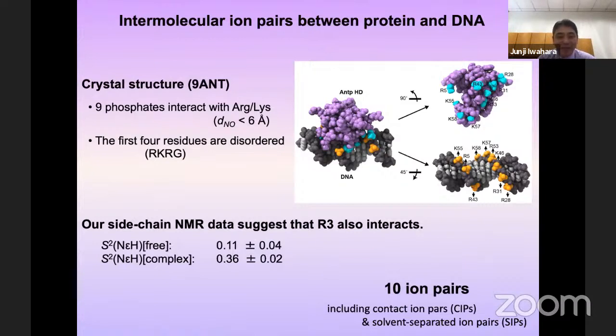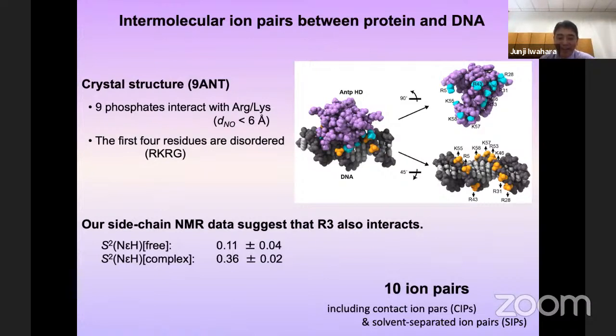In the crystal structure of the Antennapedia protein complex, there are 9 ion pairs between arginine or lysine and DNA phosphates. The crystal structure doesn't include the disordered N-terminal region of Antennapedia, but our NMR data clearly suggests that at least one of the arginine residues in the disordered region is involved in protein DNA association.